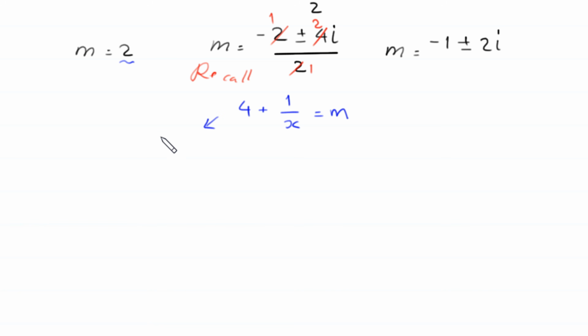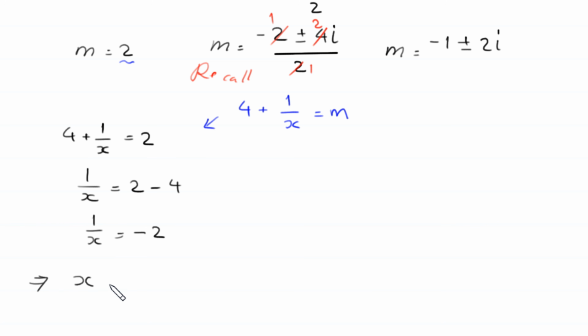Then this equation will become 4 plus 1 over x is equal to 2. Now we move this 4 to the right side. So 1 over x is equal to 2 minus 4. 1 over x is equal to negative 2. This implies that x is equal to negative 1 over 2. This is the first value of x. This is the first solution of this equation.